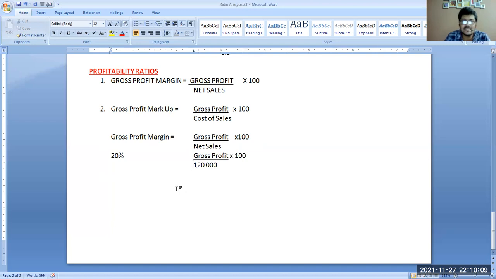Very easy. Gross profit is equal to 20 multiplied by 120,000 and divided by 100, and you will get the required answer.